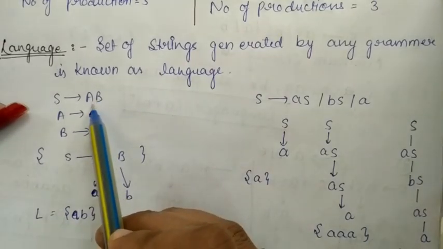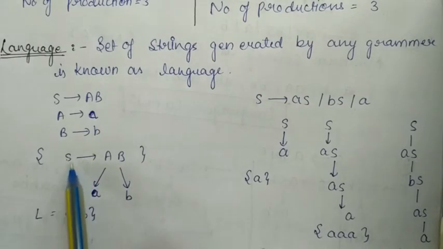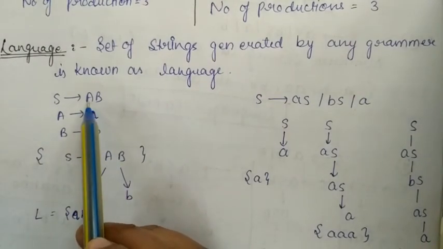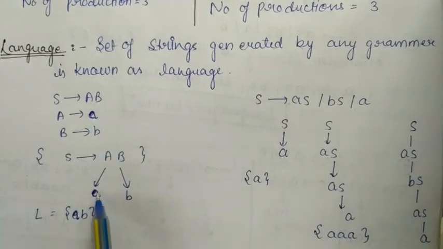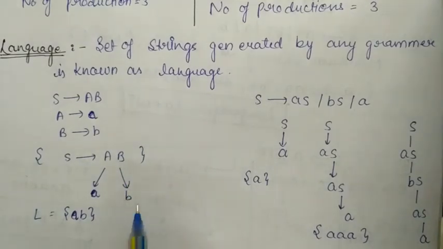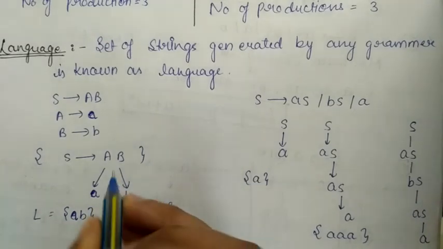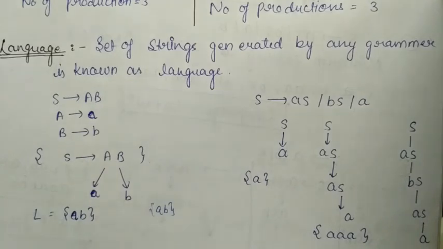If S is the starting symbol, we can write S tends to AB. Then we replace this A by small a, and we replace this B by small b. So it will generate ab, which means this grammar will generate the language ab.